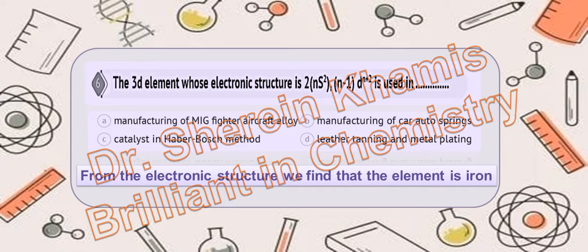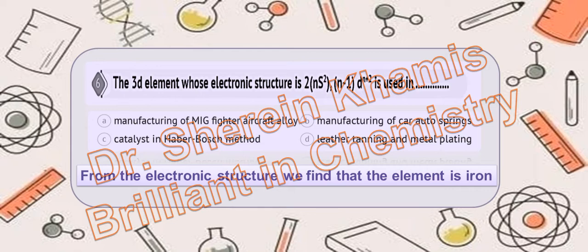If we know the right answer, please try to calculate it from the electronic structure. If we calculate the atomic number from ns² (n-1)d^(n+2), we find the element will be iron with the atomic number 26.